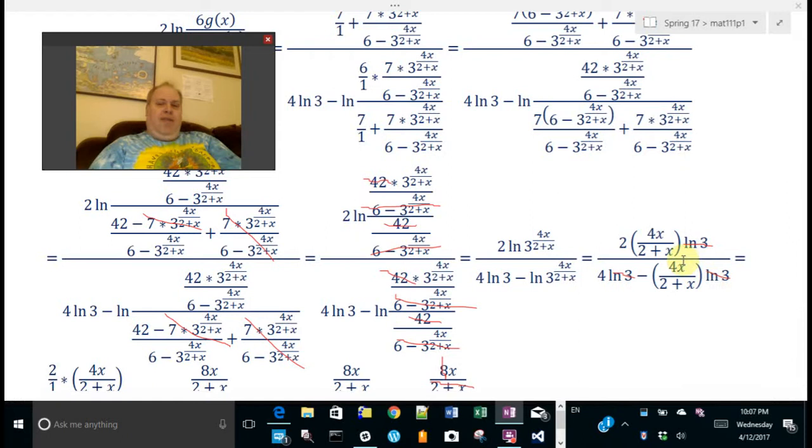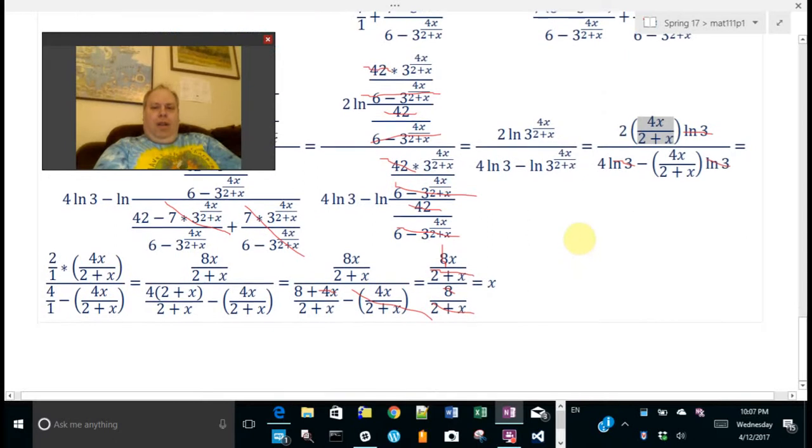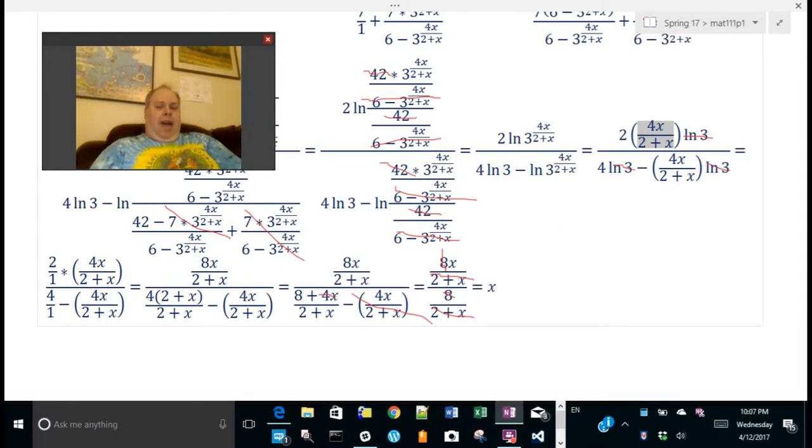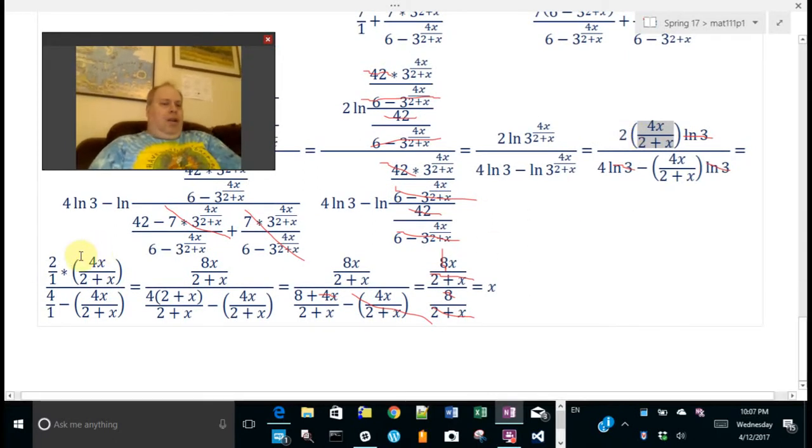Ln 3 is a factor of all of these, so the ln 3's in the numerator and denominator all cancel. The next line gets rid of all the ln 3's. The 2 turns into 2 over 1, because when we have a fraction, we turn everything into a fraction. The 4 becomes 4 over 1 minus 4x over 2 plus x.